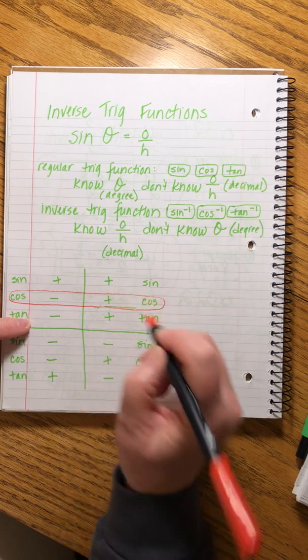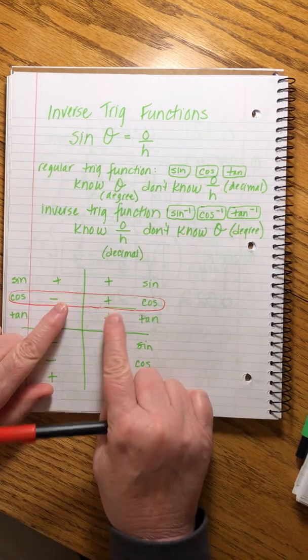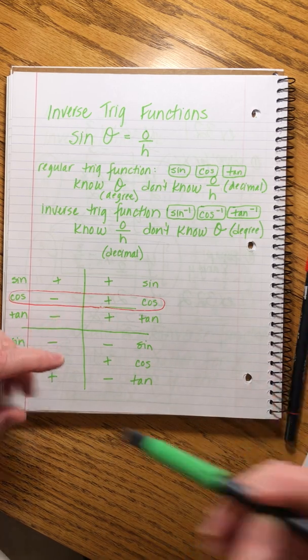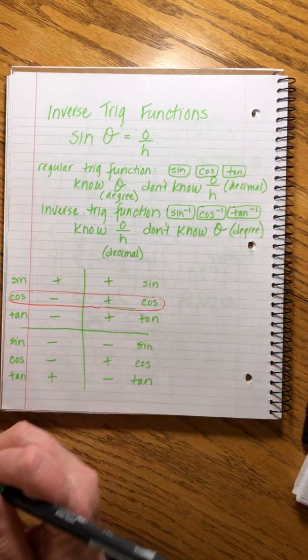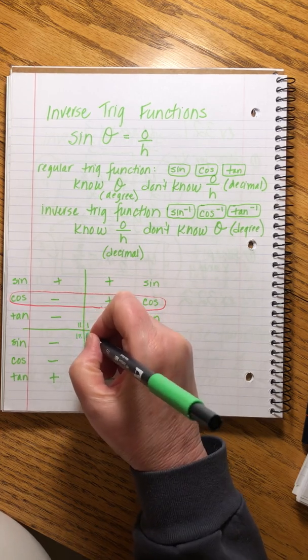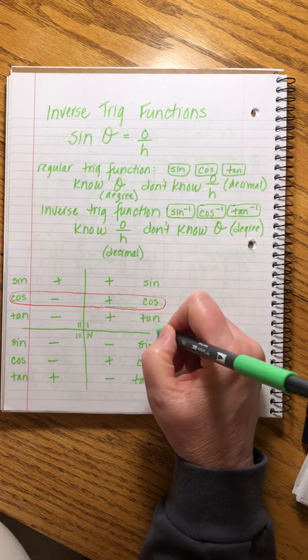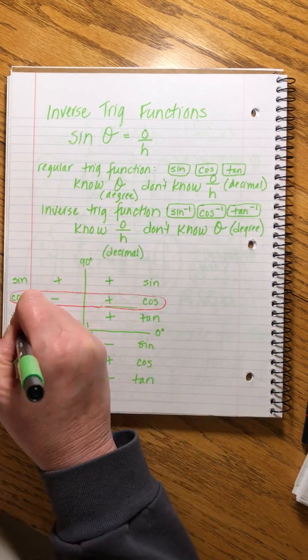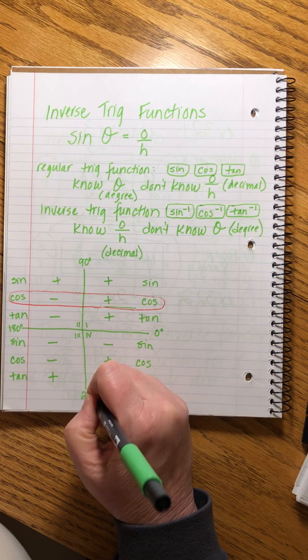And then we're gonna need to allow, I wanna use orange for this, if we allow our answers to come from just the first and the second quadrant, remember that's how they're numbered. 1, 2, 3, and 4. And let me also remind you, this is 0 degrees, and this is 90, and this is 180, and this is 270.